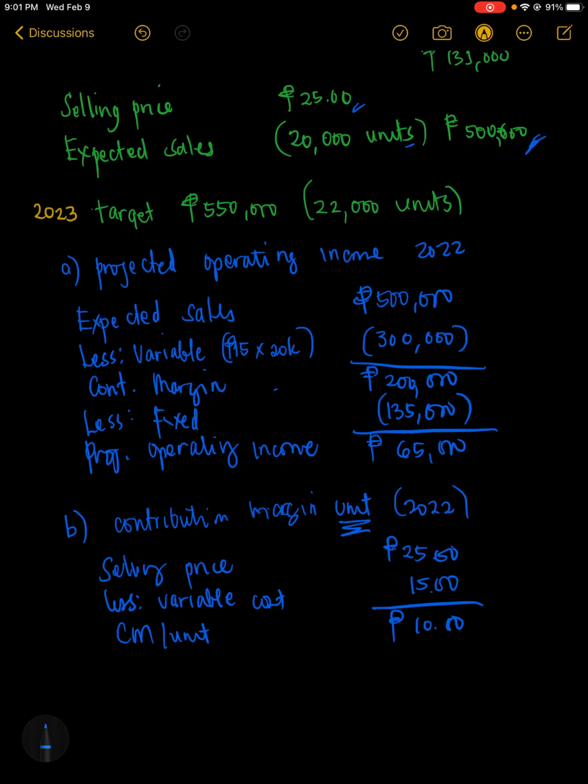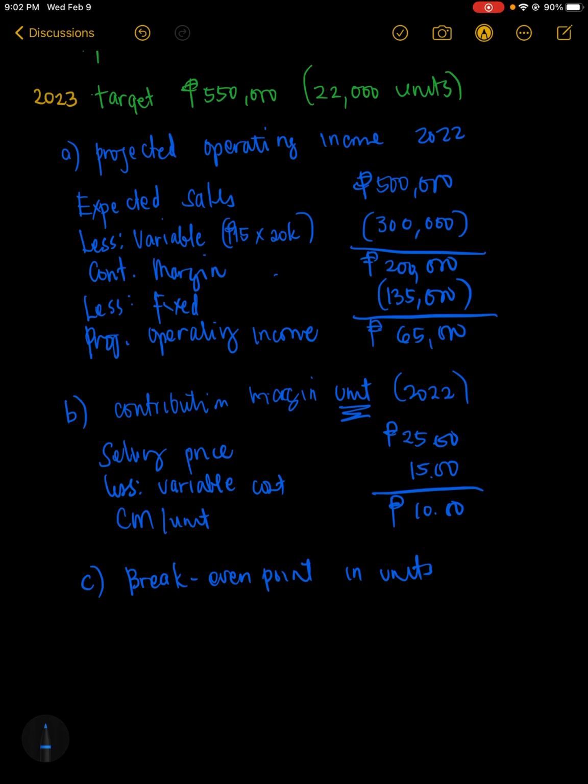Okay? So, kapag naman po ang tanong ay ang ating break-even point in units, ibig sabihin, ilan yung pwede nating ibenta para ang ating performance ay hindi tayo nalugi, hindi rin naman tayo kumita.